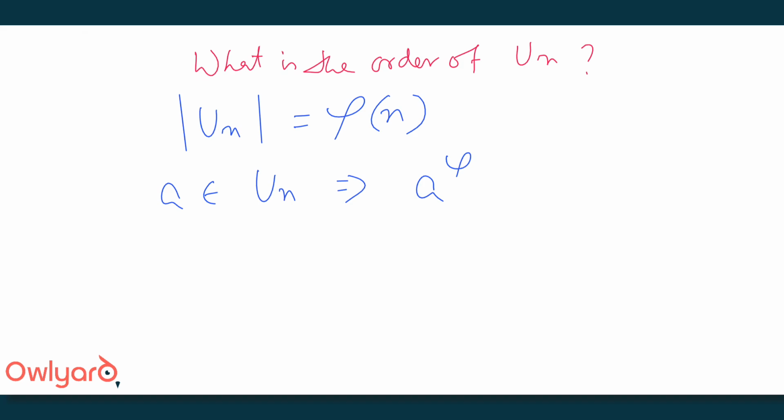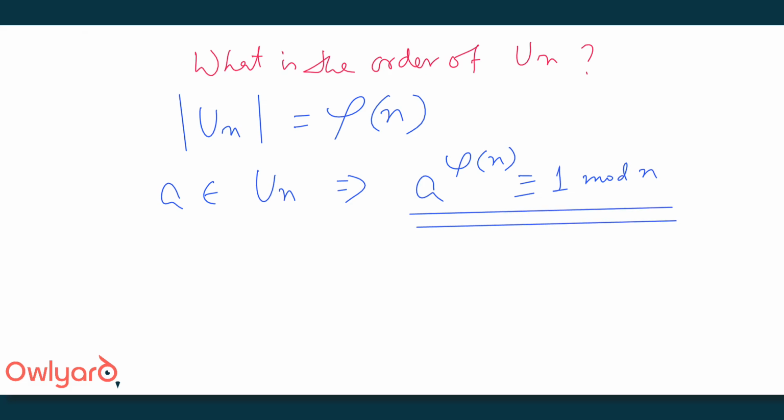Therefore, the order of the cyclic group must divide the order of u_n, which is phi of n. So that means that A to the phi n must be 1 mod n. Whatever the order of A is, that must divide phi n, which automatically implies this relationship, right? Now this is actually our famous Euler's theorem.